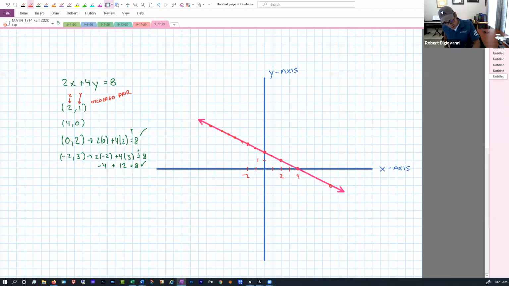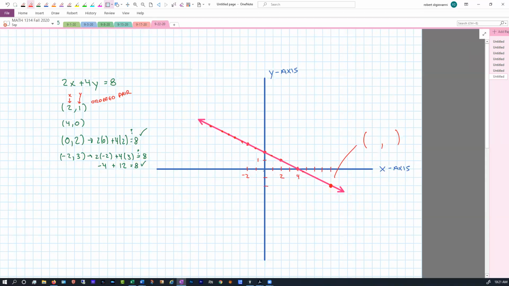Like, for example, can somebody tell me what that point is? It looks like that point's on my line, right? Can somebody tell me what that is as an ordered pair? Like what's the X and what's the Y? 8, -2.